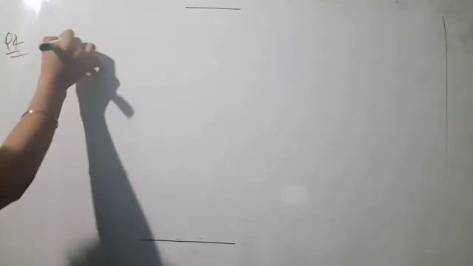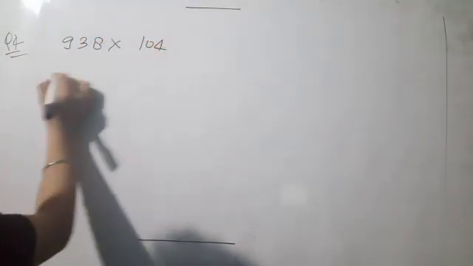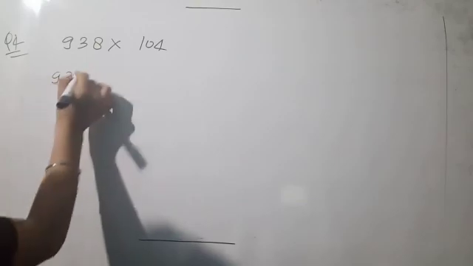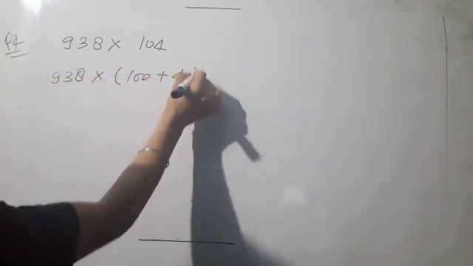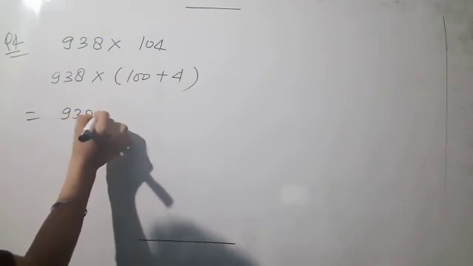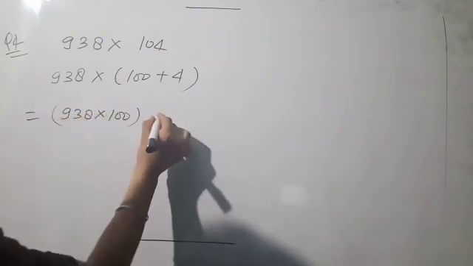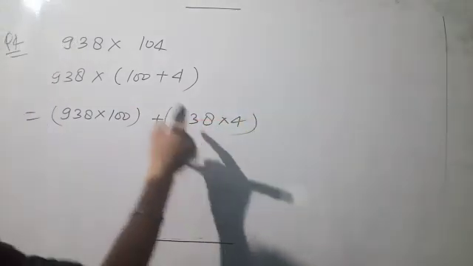Question number 4, 938 into 104. We can write it as 938 into 100 plus 4. That is somehow easier. 938 into 100 plus 938 into 4. Now it is easier than this one.